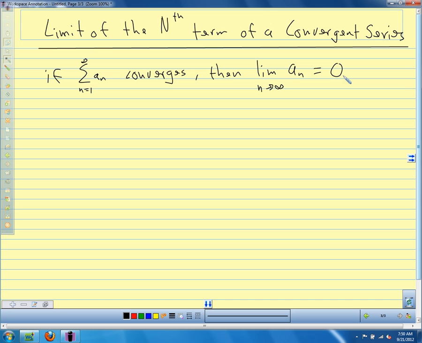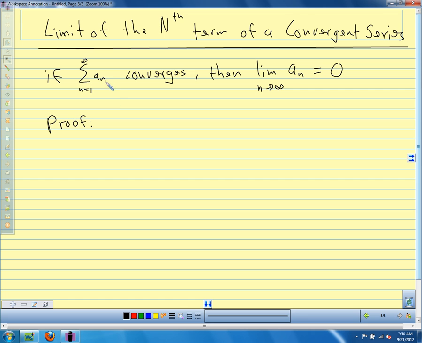If our series converges, then the limit as n approaches infinity of our nth term is 0. And the proof of this is very, very easy and very short. We're saying that if our series converges, then the limit of a sub n is 0.